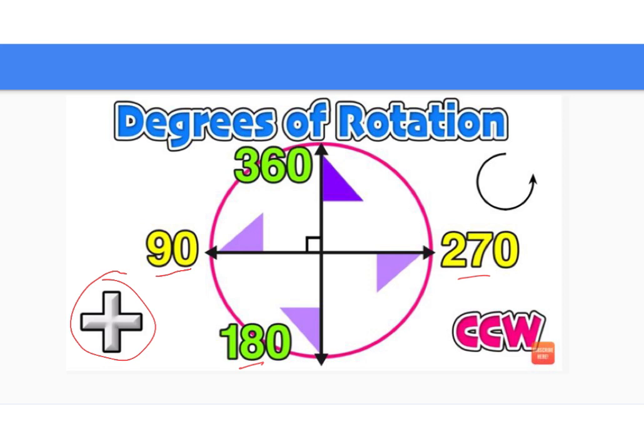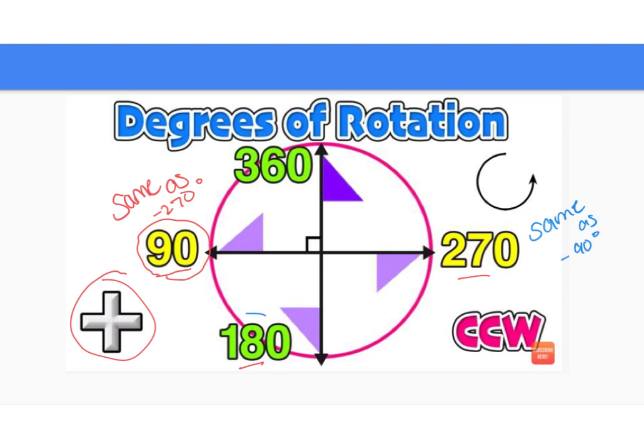Now notice, if you refer back to the previous slide, this positive 90 degree rotation is the same as a negative 270. Also, in the same way, a 270 is exactly the same as a negative 90 degree rotation.